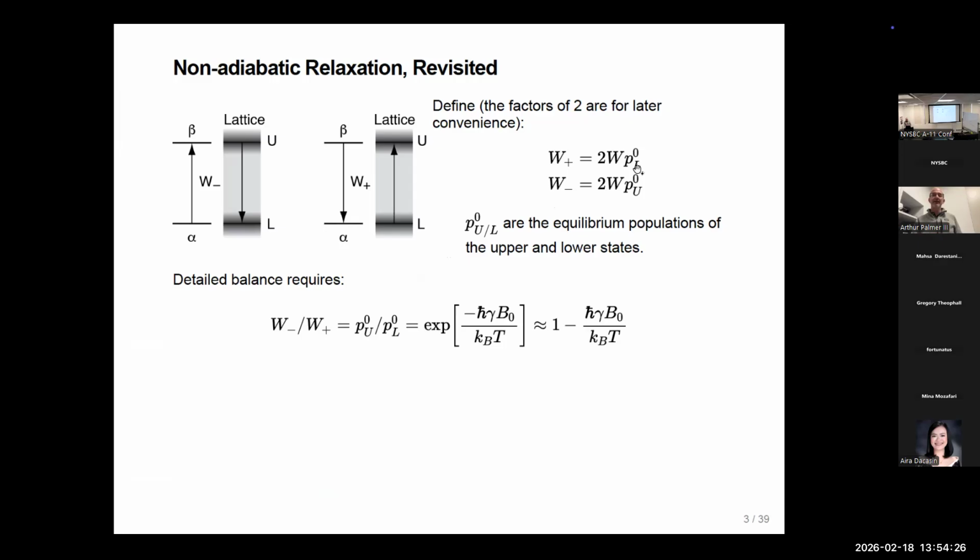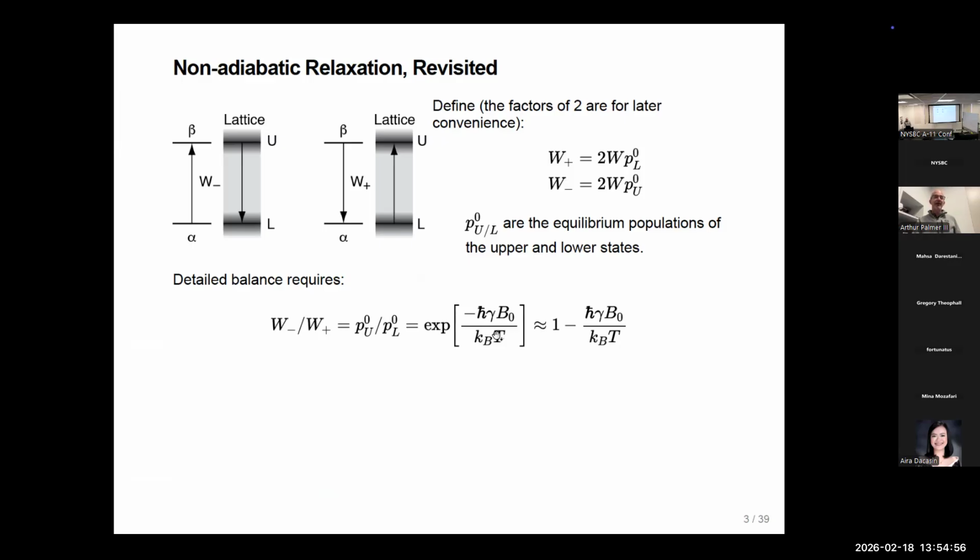Because the lower state of the lattice is always higher in population, W plus is always larger than W minus. And I put the factor 2 in because I know the answer I want. So then W minus over W plus is just the population of the upper state divided by the population of the lower state for the lattice.